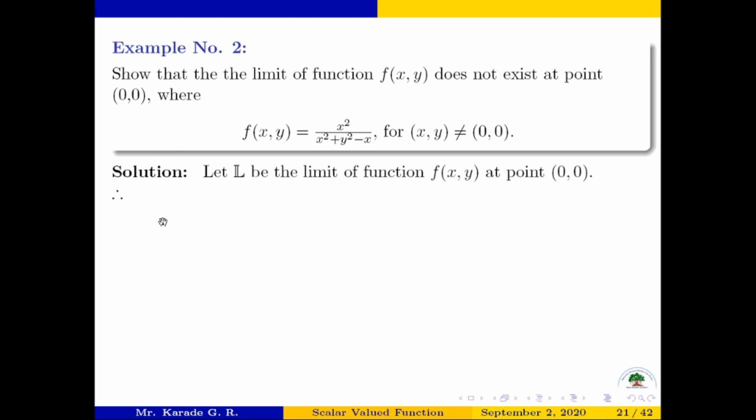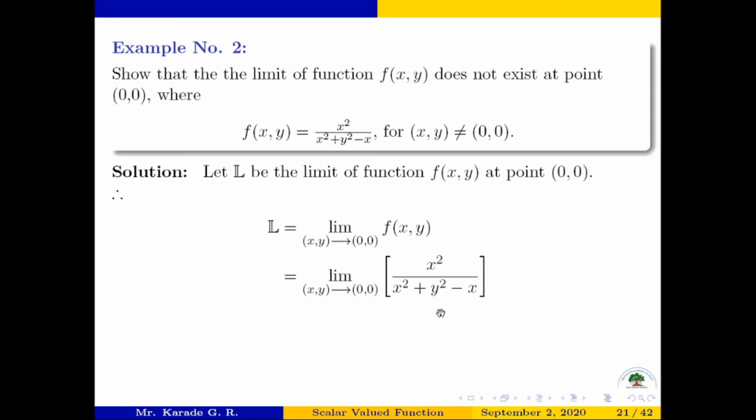As we have solved such a problem in the previous example, in the same way we solve this problem. Therefore L equals limit of f of x comma y as x, y tends to 0, 0. It is equal to the limit as x, y tends to 0, 0 of x square divided by x square plus y square minus x.